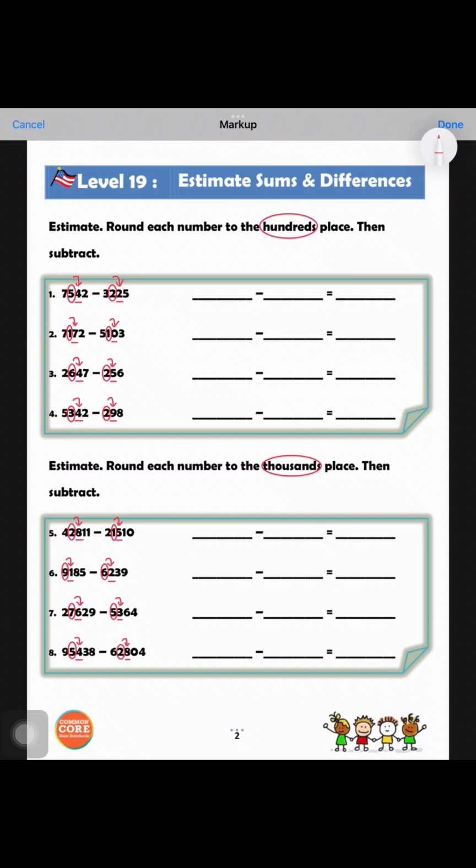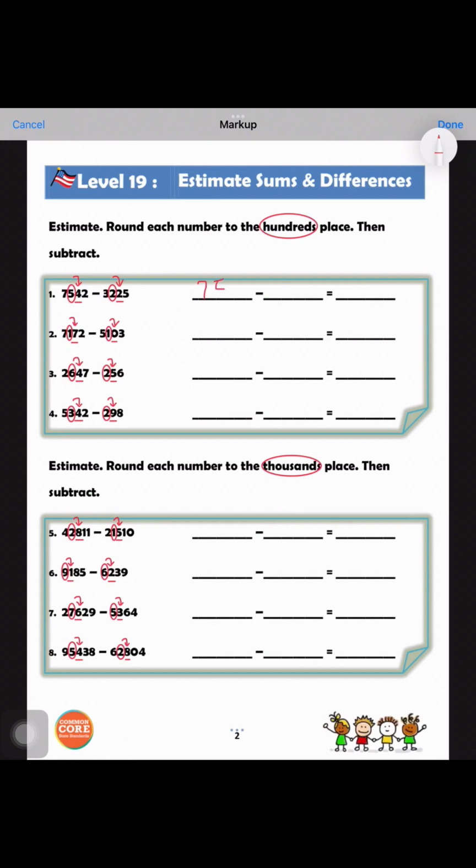For the first one, if we round the number to the hundreds place, we need to take a look at its tens place. So in question 1, 7,542 is rounded to 7,500, as the 4 in the tens place is less than or equal to 4, so it is rounded to 7,500.